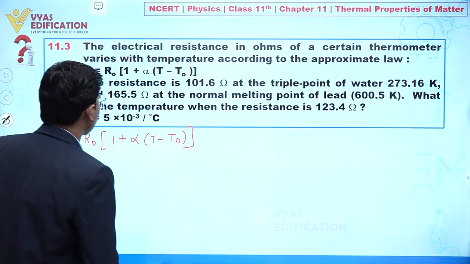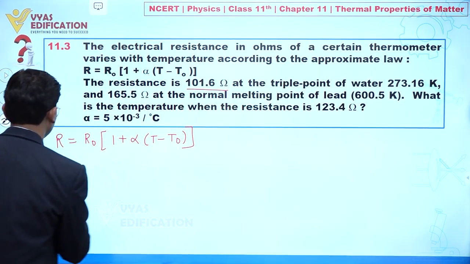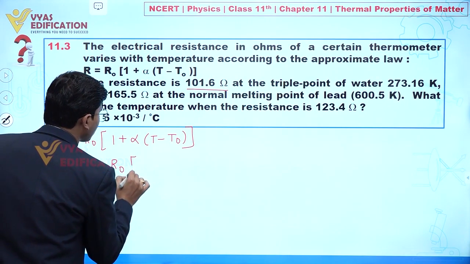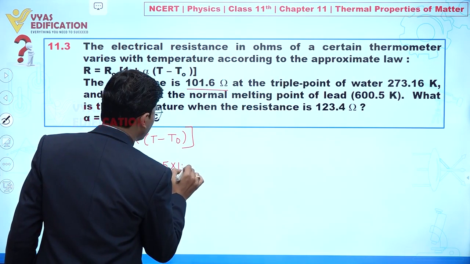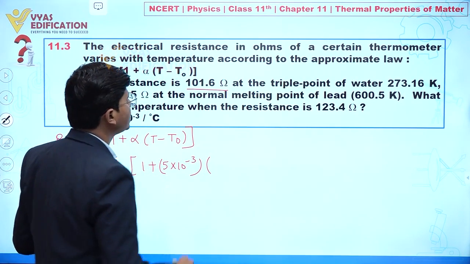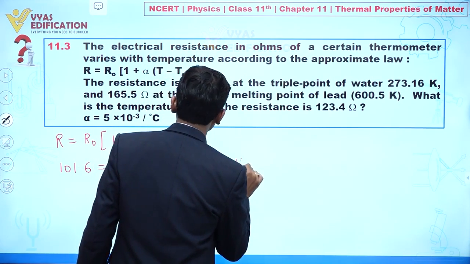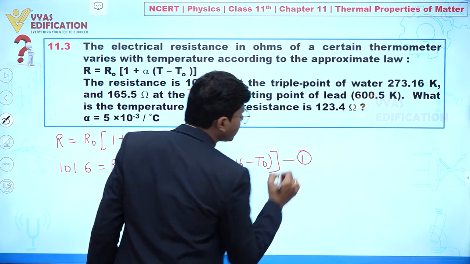So first I am writing this value 101.6. This is equal to R naught (1 plus alpha, which is given as 5 into 10 to the power minus 3, multiplied by the temperature T). This temperature is given as the triple point of water, so 273.16 minus T naught. Let's suppose this is equation number 1.